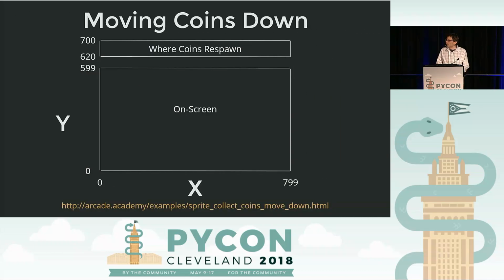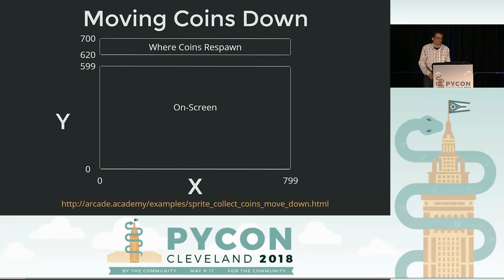Well, before we get into that, let's briefly talk about the coordinate system. If I've got a window, 800 wide, 600 tall, the lower left corner of that window is going to be 0, 0. The upper right corner of the window is going to be 599, 799. Of course, we computer scientists always start counting at 0, so there's not actually an 800 or 600 in an 800 by 600 window.